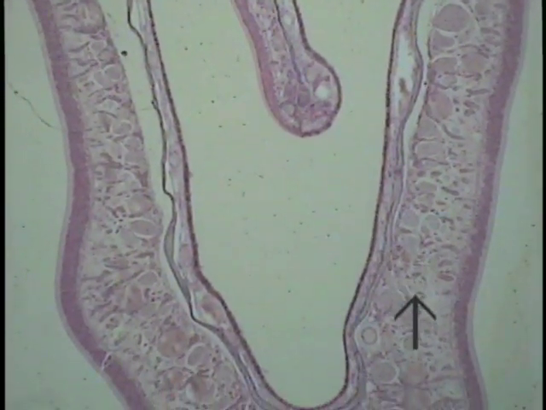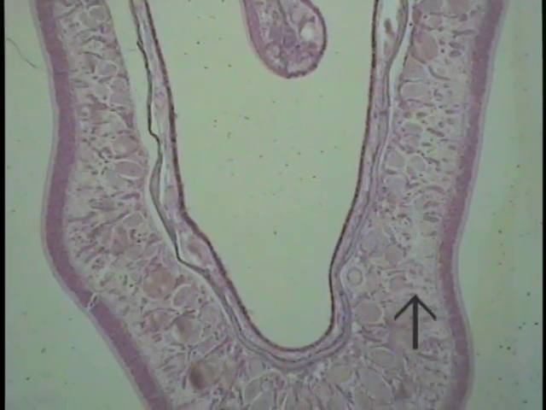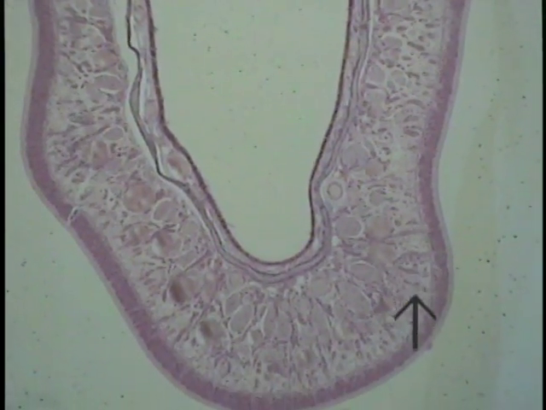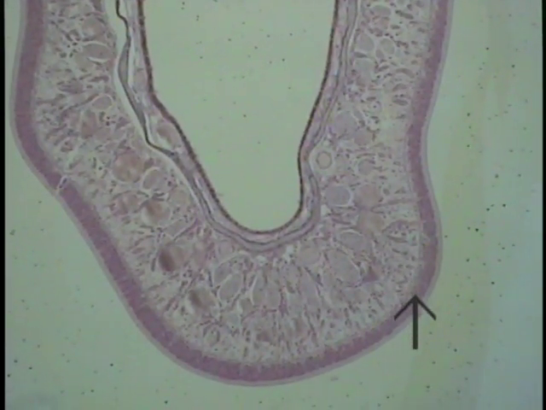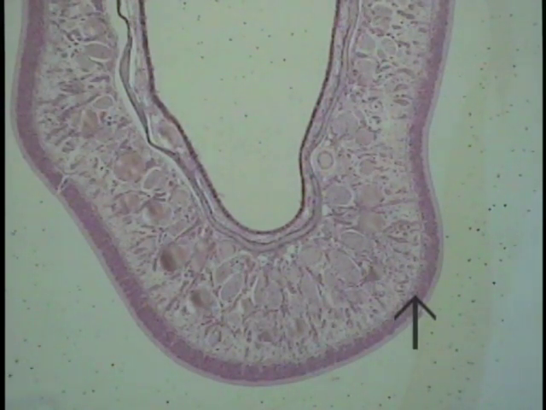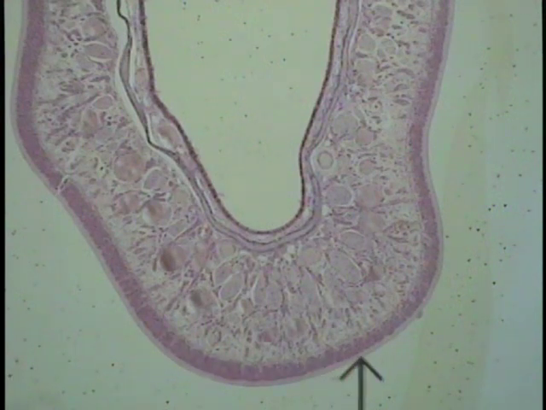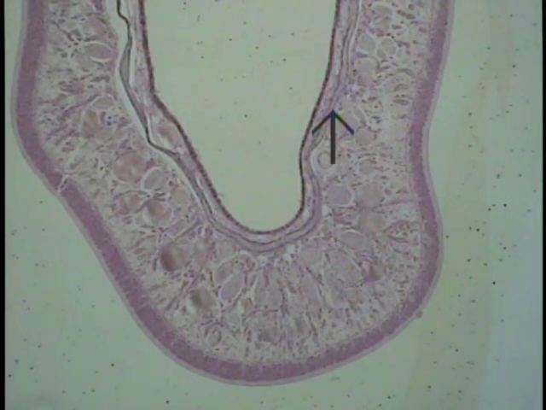So let's find a region that's fairly well intact and examine the details of the superior nasal conch in detail. And the region that we'll look at is an area such as here, as it is fairly well intact.